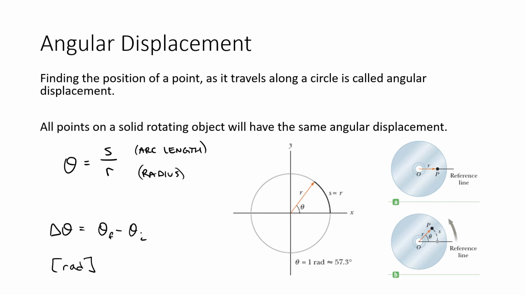What if I just keep spinning this thing and I let the timer go? Go, go, go. Then I stop. So that same point has gone around and around and around. Typically we go 360 degrees and then start over again. But in terms of radians, I would just keep adding them up.